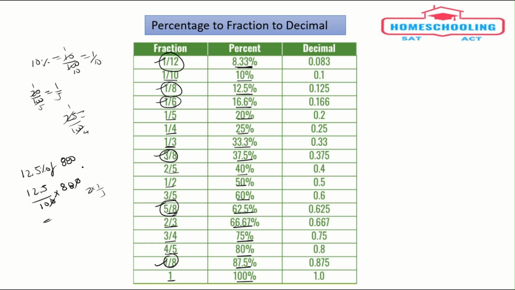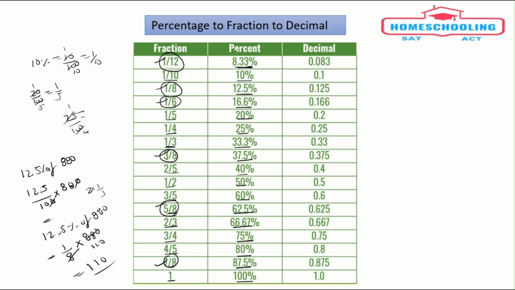But if you know the fractional value, you don't have to switch to the calculator. As you know, 12.5% is 1 by 8 into 880. So that would be 110. So you can simply find it. A lot of questions have been asked on these percentages, which I have circled here. So it will come in very handy while solving questions, and it will save you a lot of time, because every second is important during your examination.